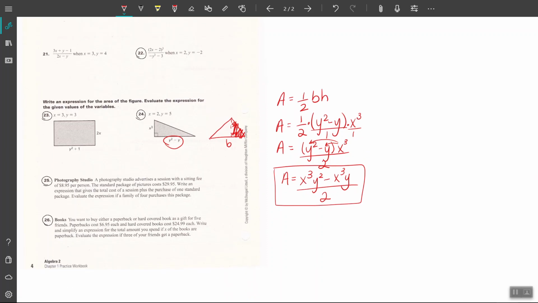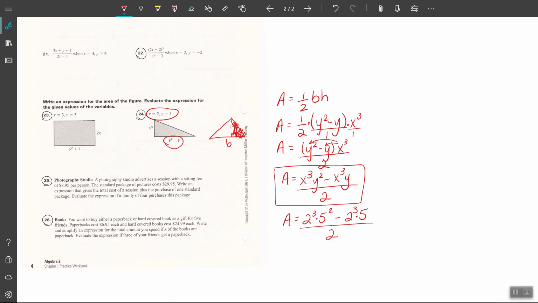Now we need to evaluate, given the values they gave us, that x of 2, the y of 5. So every time I see an x, I'm going to drop that 2 in. Every time I see a y, I'm going to drop a 5 in. Okay, and I really probably should be putting multiplication signs in there, and all that's going to be over 2.